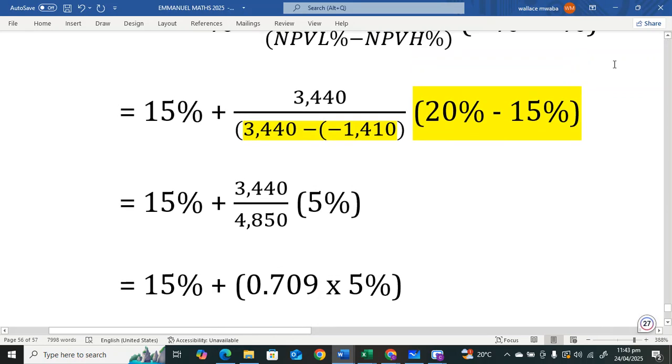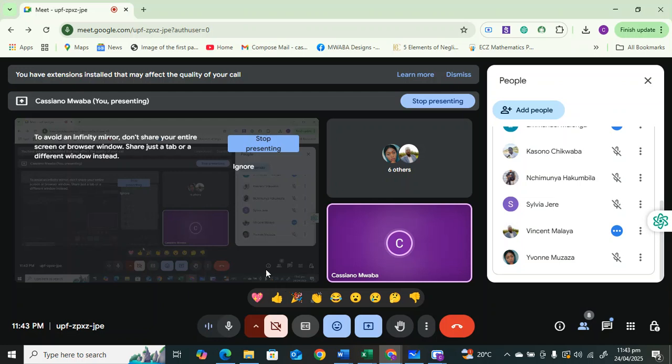I know people are wondering, sir, why is it okay to multiply them with percentages like that? Yes, colleagues, it is okay to multiply them with percentages. If you want, you can convert the percentages into decimals, but at the end, you have to reconvert your answer into a percentage. I forgot to mention the internal rate of return.